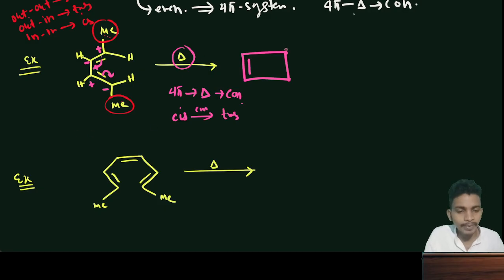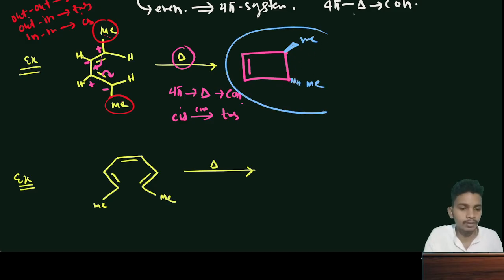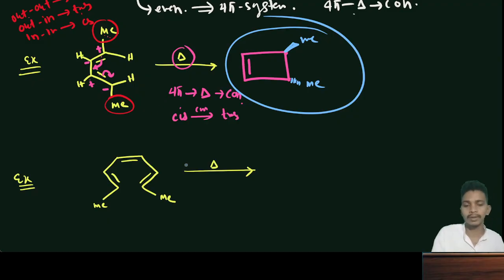It means that the methyls will be trans. It means that if one is like this, then the other has to be like this. They have to be trans. So likewise we will solve all the questions.